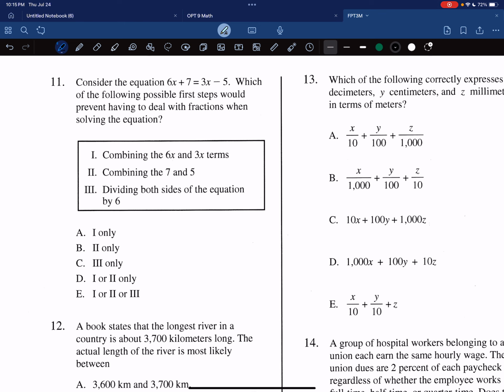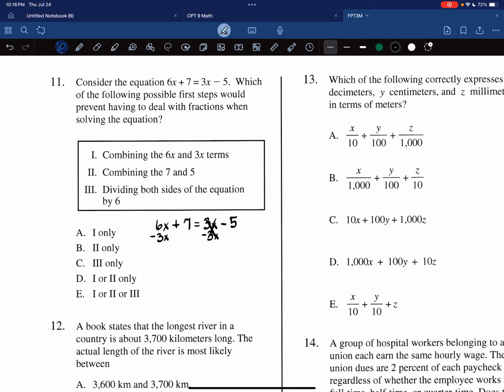So let's take the equation 6x plus 7 equals 3x minus 5. My first option says to go ahead and combine the 6x and 3x terms. So to do that, I would have to subtract one of them from the other. And I like to subtract the smaller one.